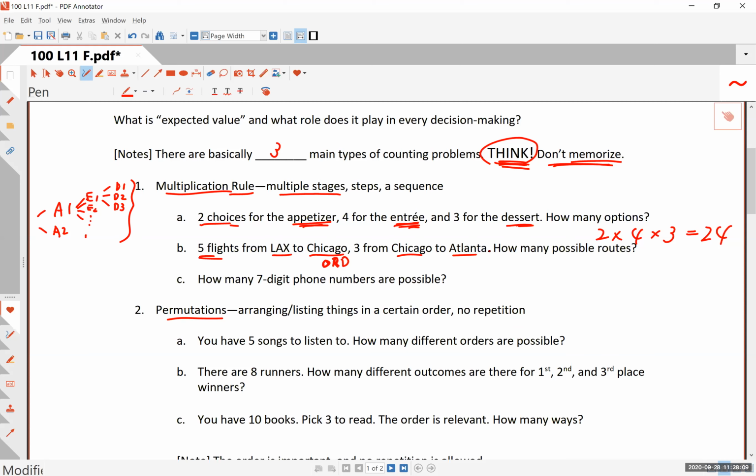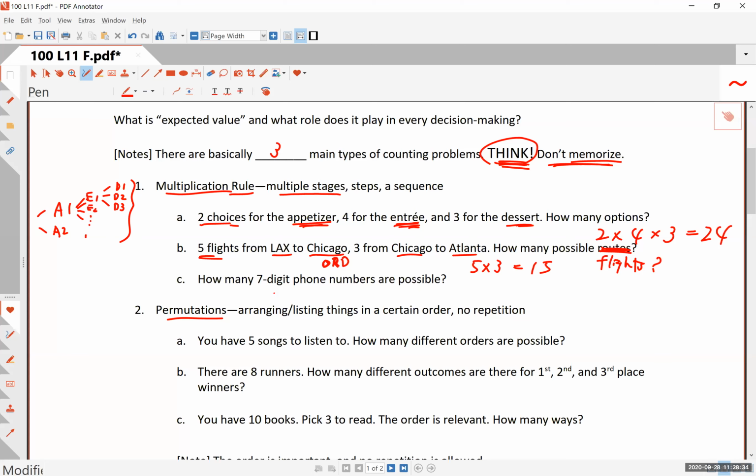The question is, how many possible flight combinations are there if you are to go from LAX to Chicago and then from there to Atlanta? The answer: you have 5 choices for the first leg and 3 choices for the second, and that's 15. Again, you can draw a tree diagram.